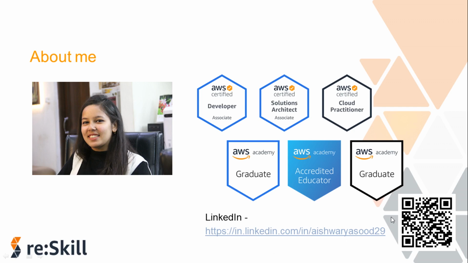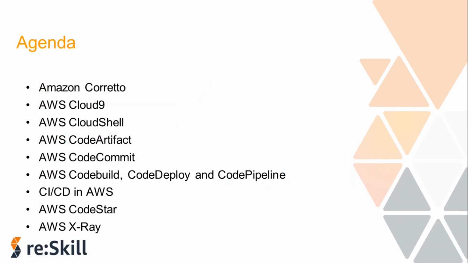So let's begin with today's video, but before that let me tell you what you are gonna learn in this video. There are a lot of tools and services that come into the development category of AWS. You will be learning all of them, the ones that you can see on the list here in today's session. It is not a deep dive session on each of these services.